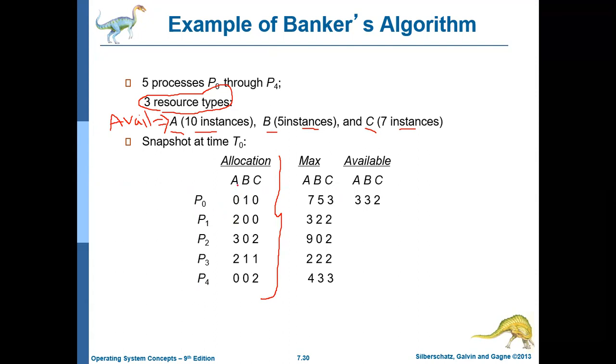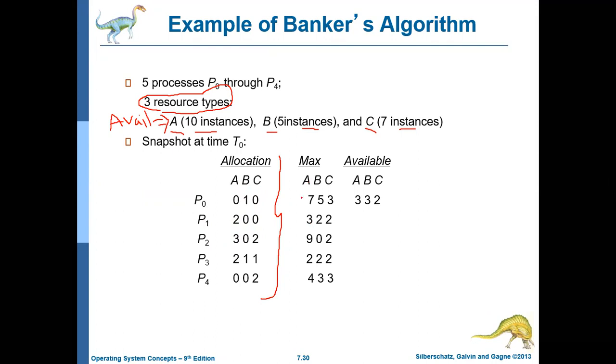Similarly, 2 instances of A, 0 of B, and 0 of C are allocated to P1, and 3 instances of A, 0 of B, and 2 of C are allocated to P2. Like that, these many resources were allocated.